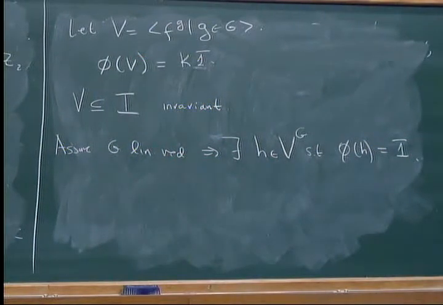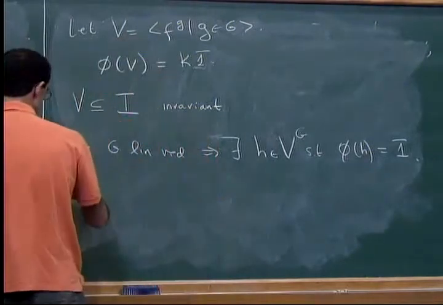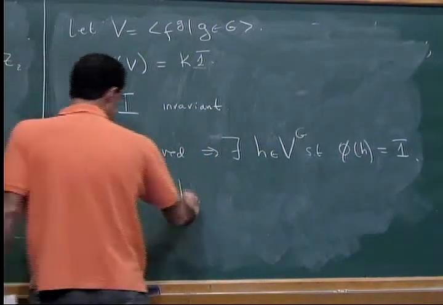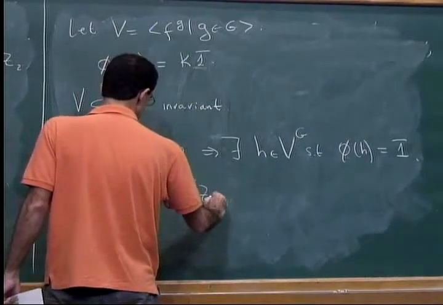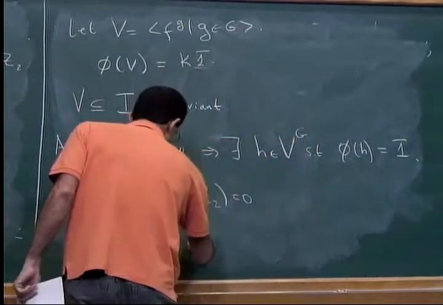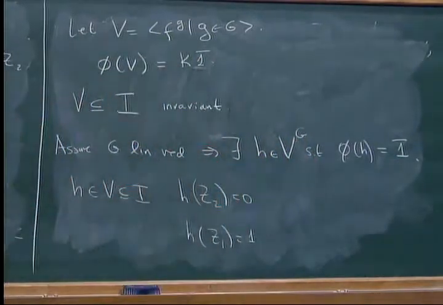It's that same statement again. Okay, and then that's done because this H belongs to V, so it belongs to I. So it's 0 on Z2. And when we restrict to Z1, it's 1. Okay. So that gives us 4.